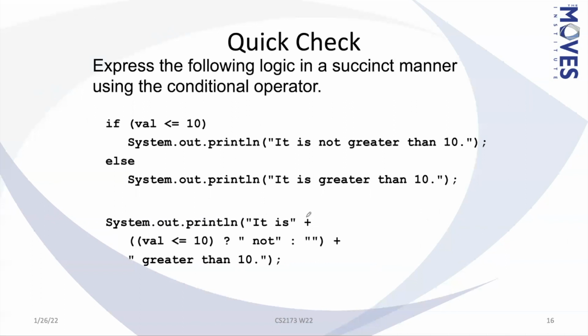And so a kind of ternary thing would be to say, okay, we take the common part, and then this whole expression is going to be either the string "not" or the empty string, and then greater than 10. So it's not that one is better than the other. There are 2 different ways of doing the same thing.